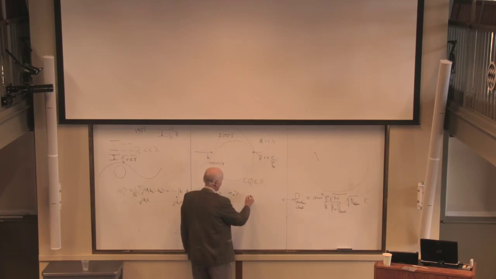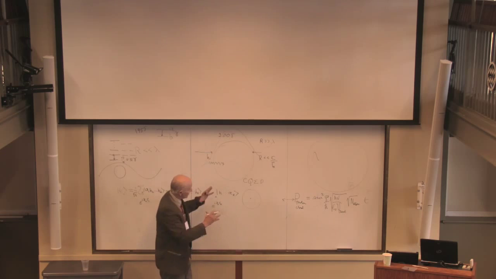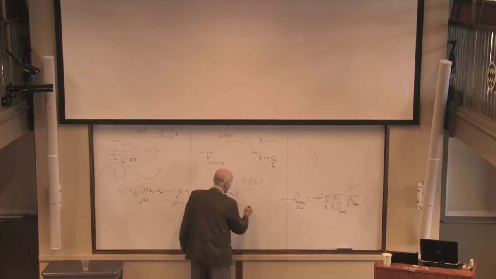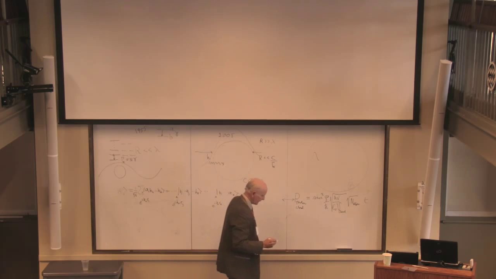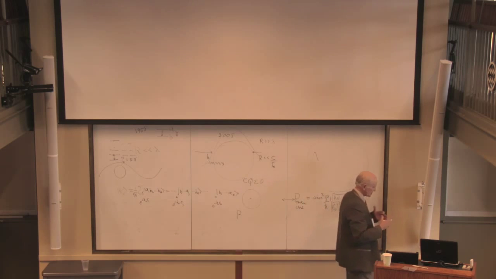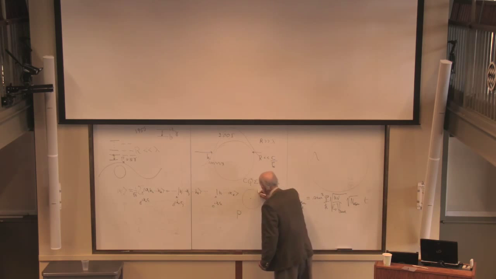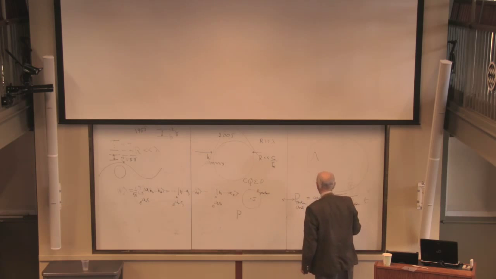Please remember that if I put one atom in a cavity, and I ask, what's the probability that I have, in some sense, excited that atom where I have, let's say, little n photons. So I'm going to put the atom in the ground state, put little n photons here.